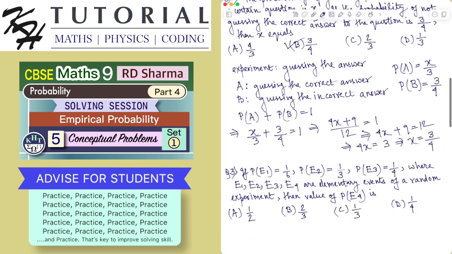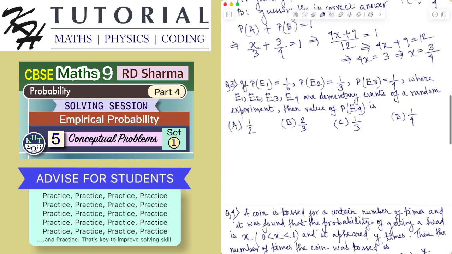Let's see question number 3. If E1, E2 and E3 are events, if probability of E1 is 1 by 6, probability of E2 is 1 by 3 and probability of E3 is 1 by 4, where E1, E2, E3 and E4 are elementary events of a random experiment.